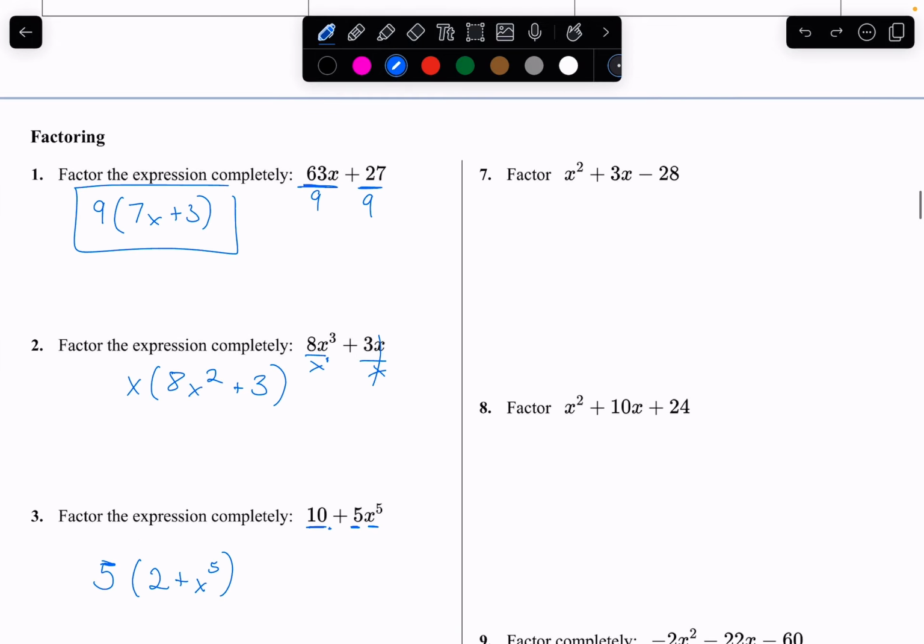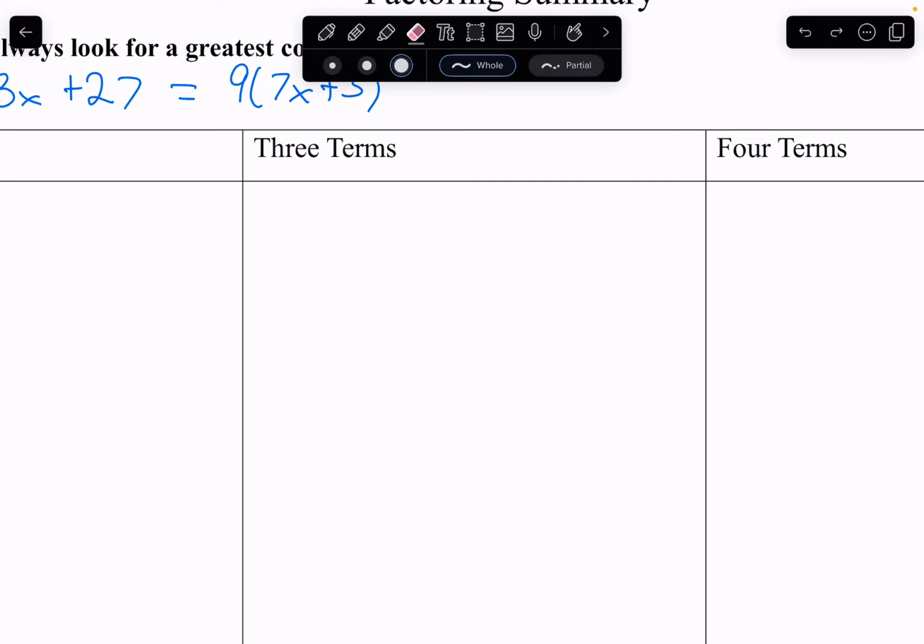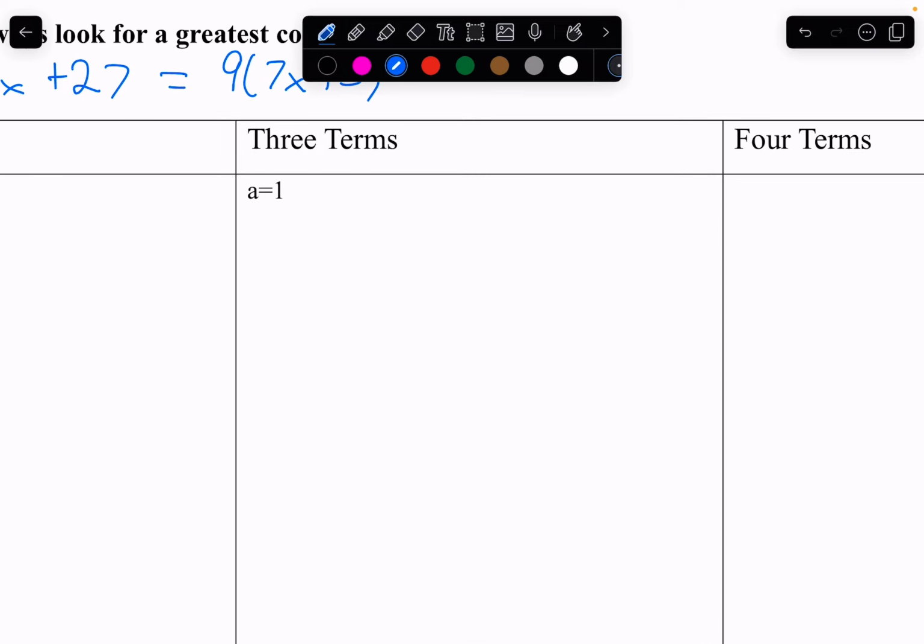Now, generally, when you have 3 terms, you're going to do just typical quadratic trinomial factoring, which you should be familiar with. All right. Now, this first scenario is when a is equal to 1. All right. So let's go ahead on our little chart here, copy this question down. We've got x squared minus 14x plus 40.